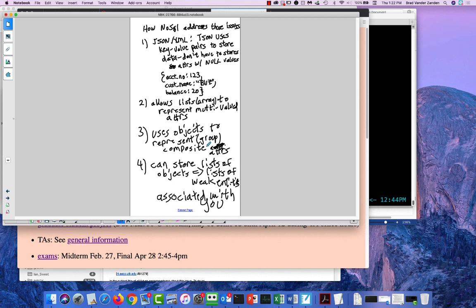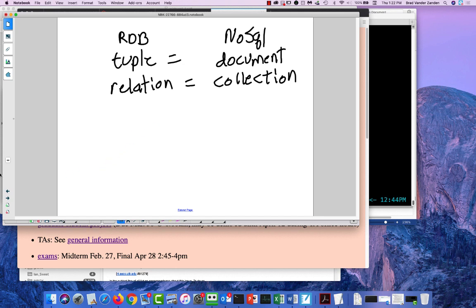Composite attributes are stored as a single object, so they're stored together, which makes it easier to think about them as a single object. So that's how they address storage, and the way they address performance is they're trying to eliminate joins.